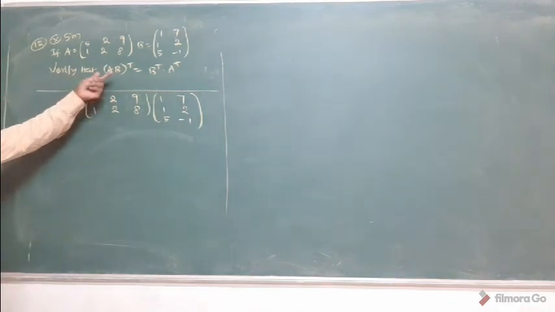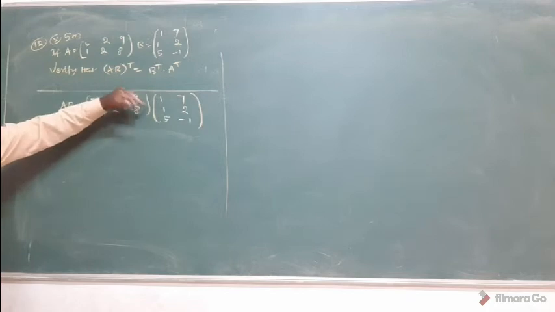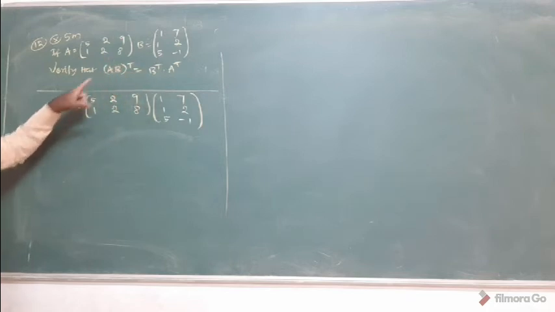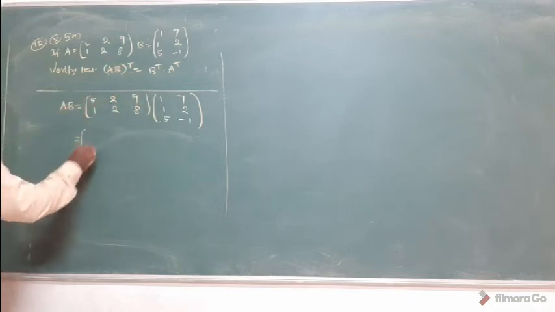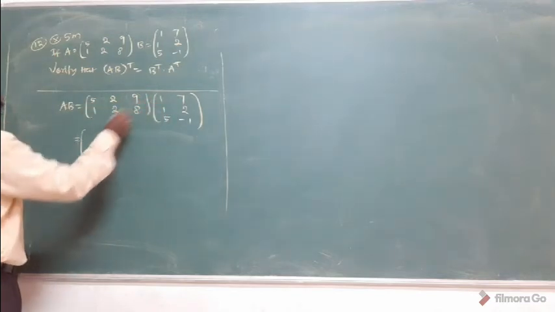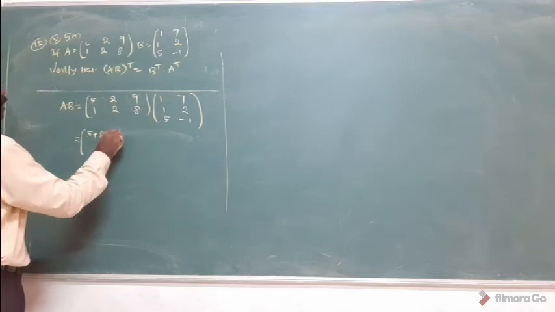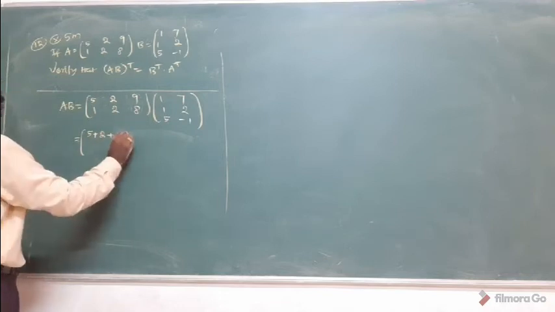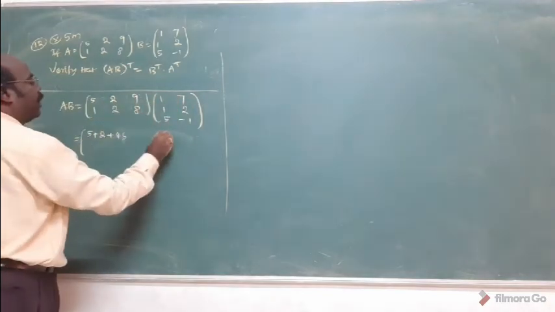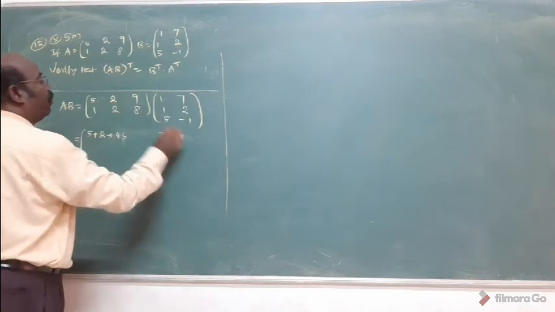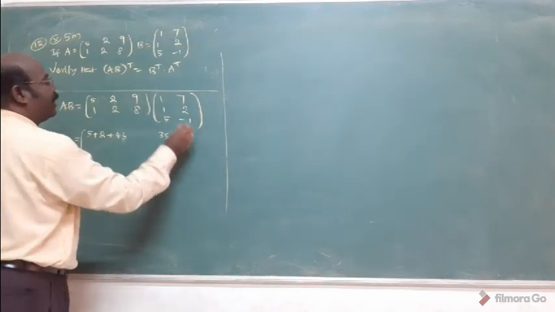Now, you want to verify that (AB) power T equals B power T, A power T. I am writing inside the bracket A B. First row: 5 ones are 5, 2 ones are 2, 9 is 45. Next: 5 sevens are 35, 2 twos are 4, 9 ones are 1, but minus 7 minus 2.